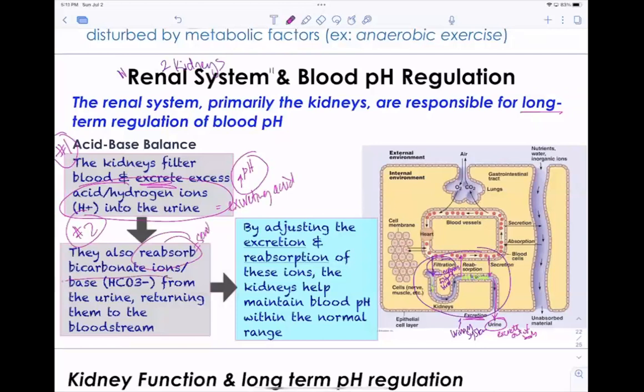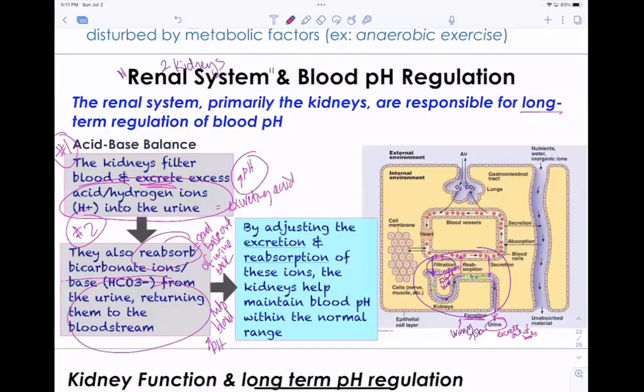So send base out of the urine back into the blood. And that's going to increase pH, right? By returning the base back to the bloodstream.